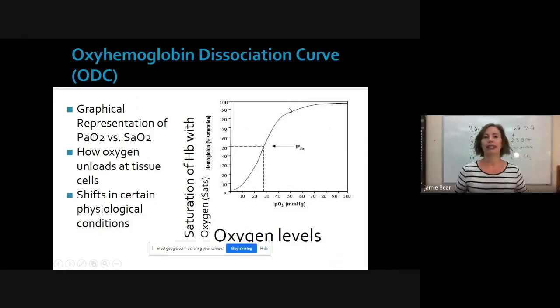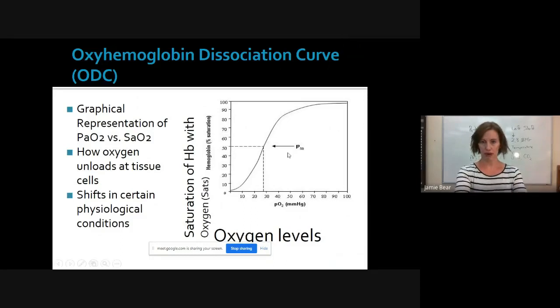And that's because of hemoglobin's ability to bind, called cooperativity. If a little bit of oxygen starts jumping onto the hemoglobin, it changes its biochemical configuration, and it allows for more oxygen to bind to the hemoglobin.